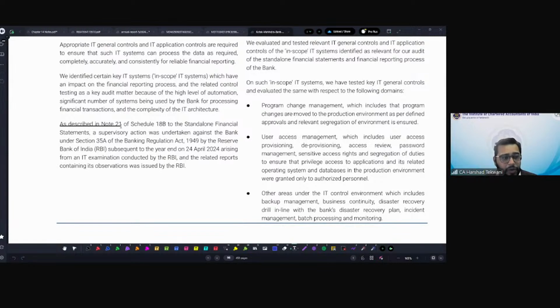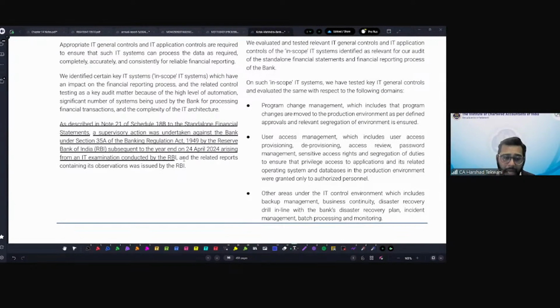As described in Note 21 of Schedule 18B to the standalone financial statements, a supervisory action was undertaken against the bank under Section 35 of the Banking Regulation Act by the RBI subsequent to the year-end, arising from an IT examination conducted by RBI, and the related report containing its observations was issued by the RBI.